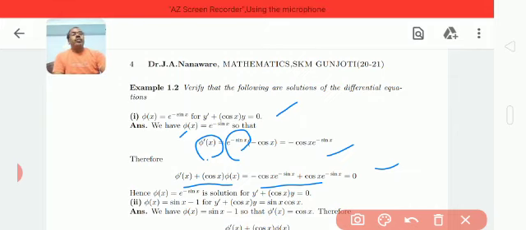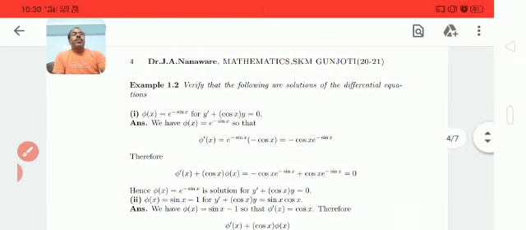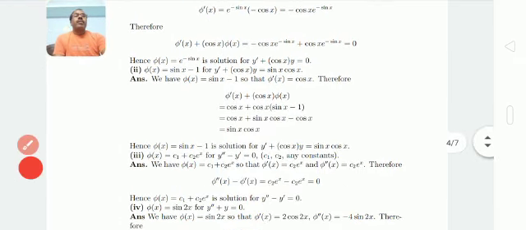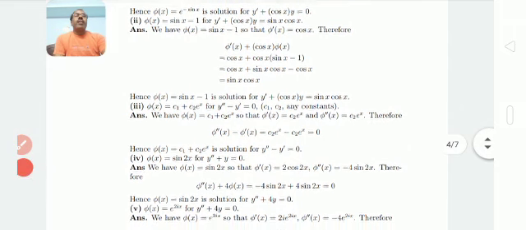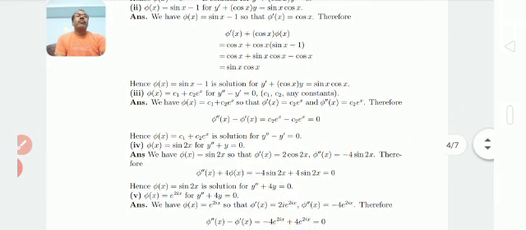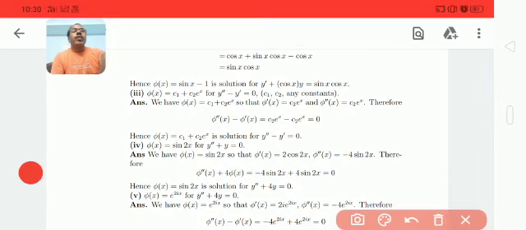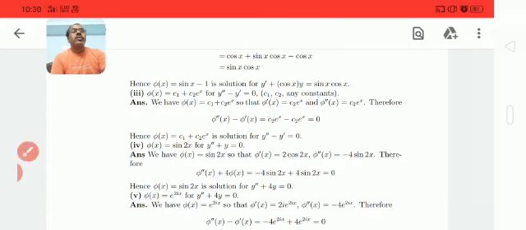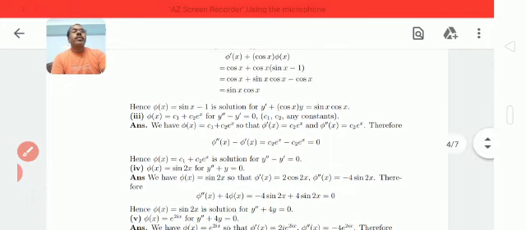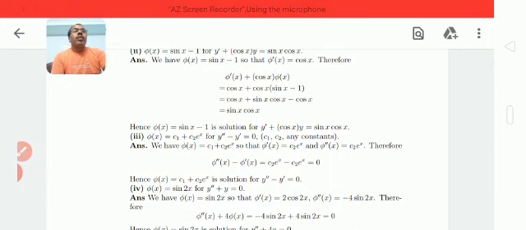Now we move to second example, where the function is given like this: phi of x is equal to sin x minus 1, and we have to verify that it is the solution of the differential equation y dash plus cos x into y is equal to sin x into cosine x.